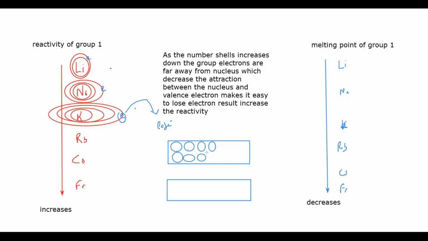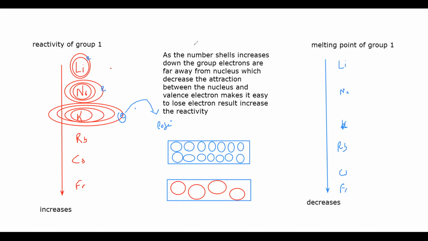Because a metallic bond is the force of attraction between the metal ions and the free electrons. So lithium is smaller in size, having only 2 shells, and it will form a lithium ion. But when you compare potassium, potassium is larger in size compared to lithium. I'm just drawing the last shell to explain the idea.